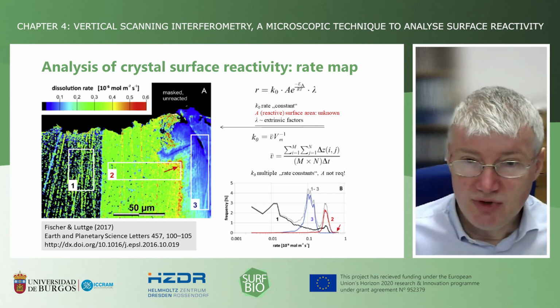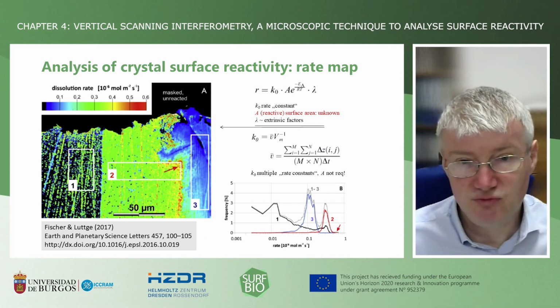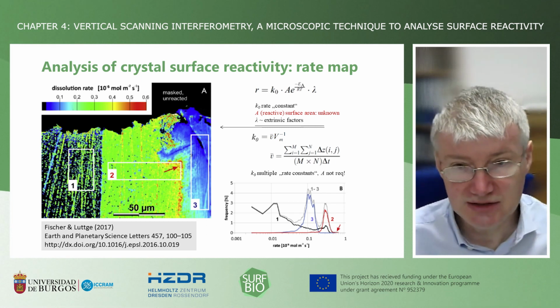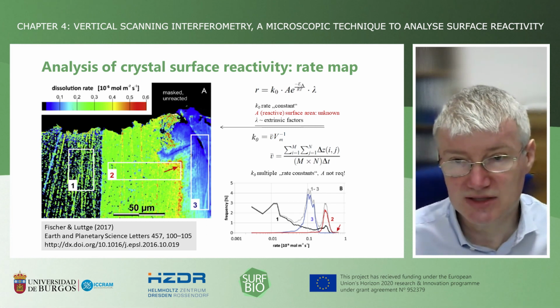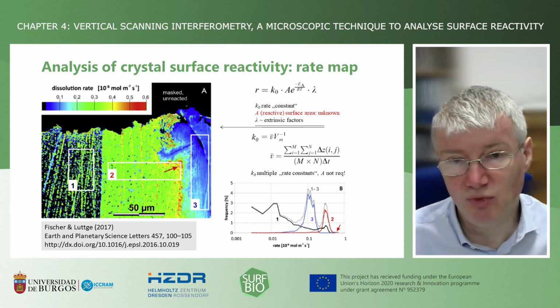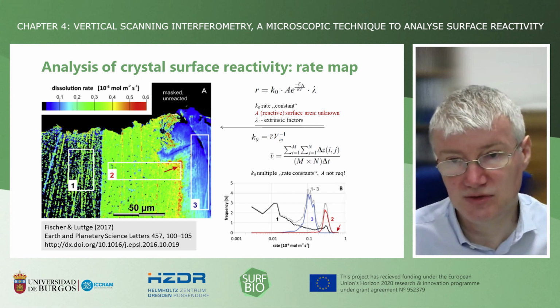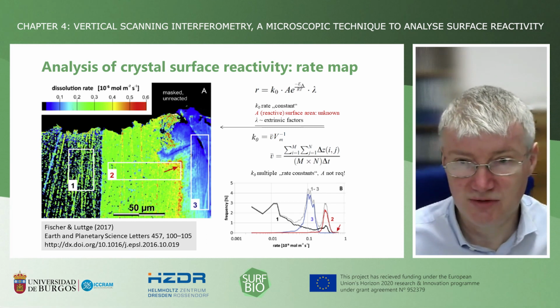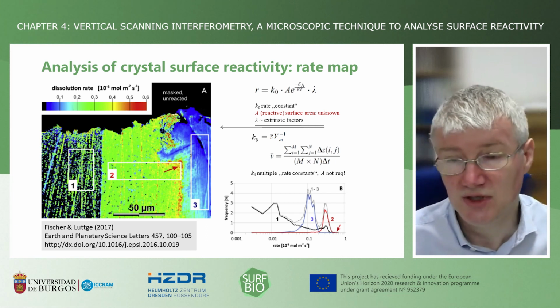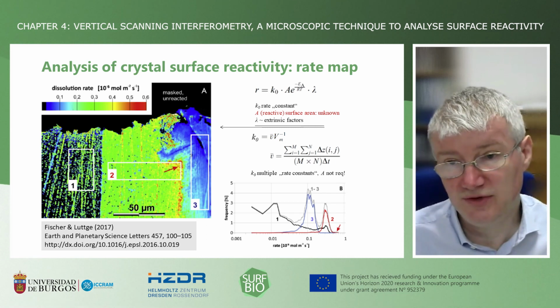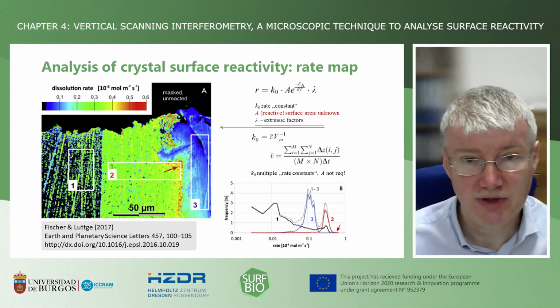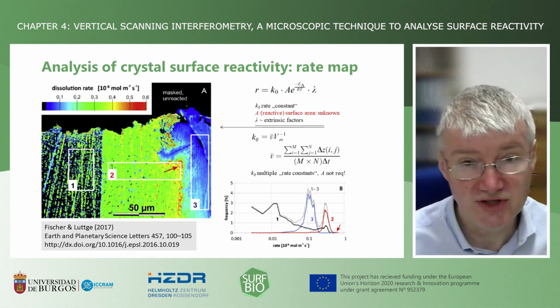And this reaction velocity, the height retreat, or the material flux, these tiny little towers of each XY pixel, if you divide that by the molar volume of the material under consideration, you end up with a pixel-specific rate constant. It's again calcite, so knowing the molar volume of this material, we can calculate the rate map. And this is shown on the left-hand side.